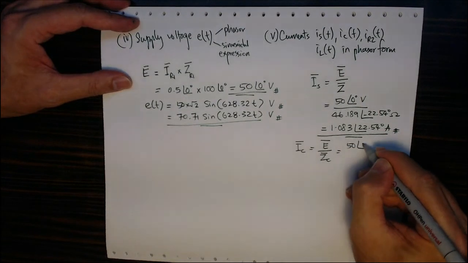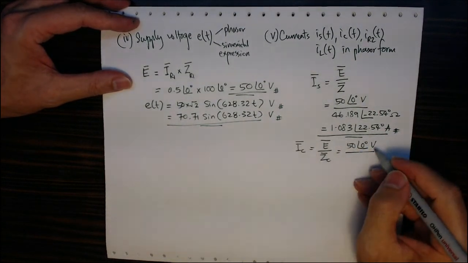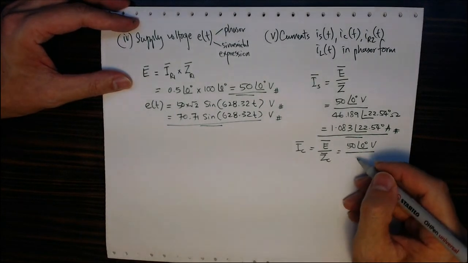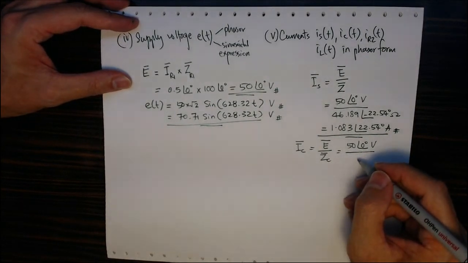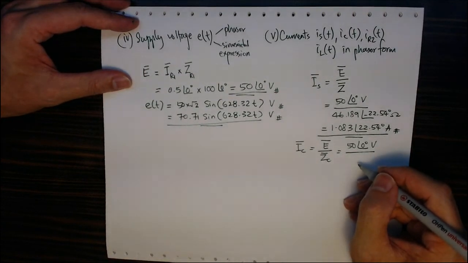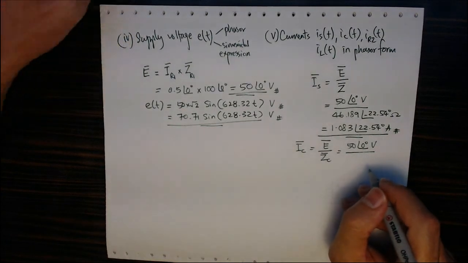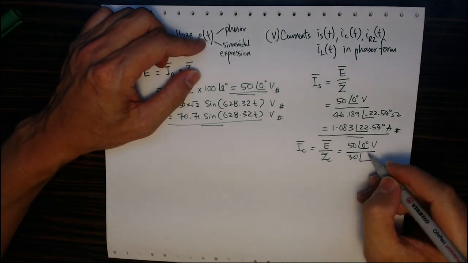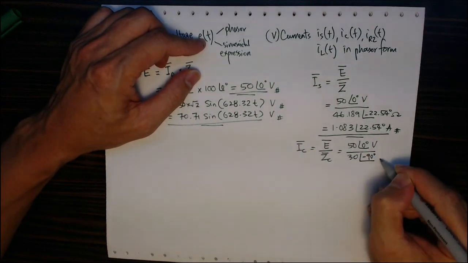That's 50 angle 0 divided by ZC, which is 30 at an angle of minus 90 degrees ohms.